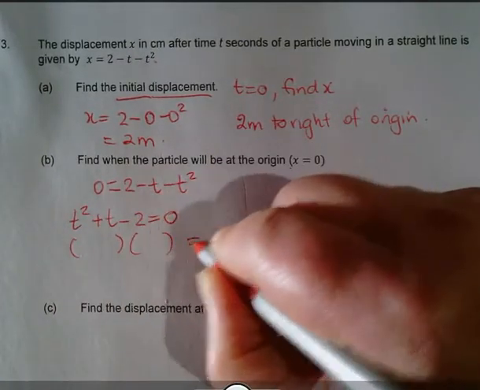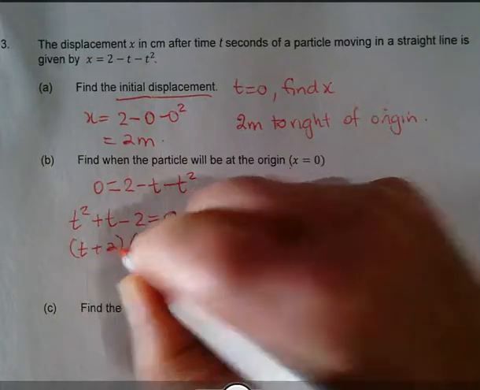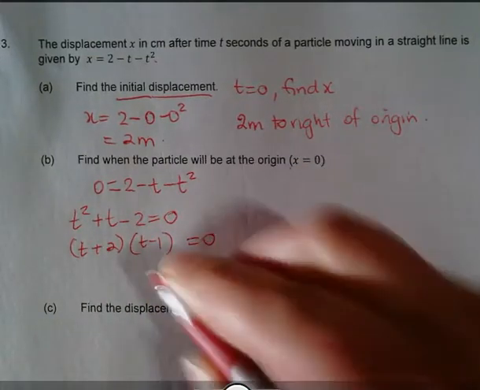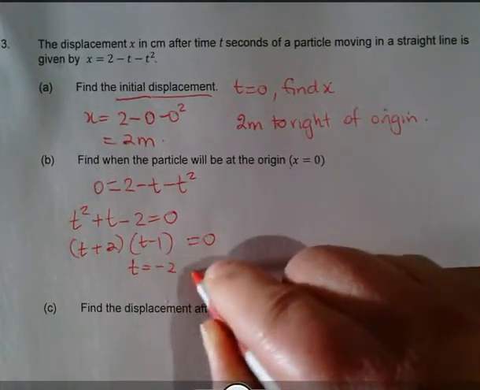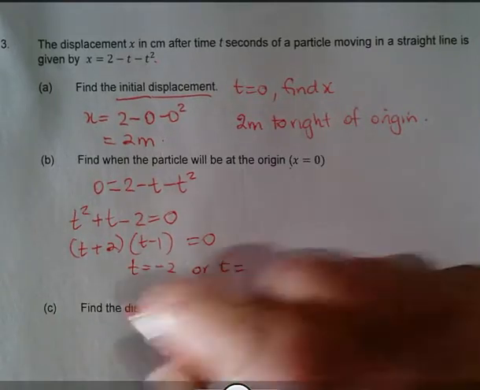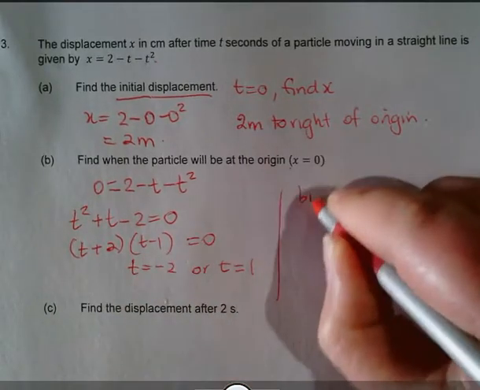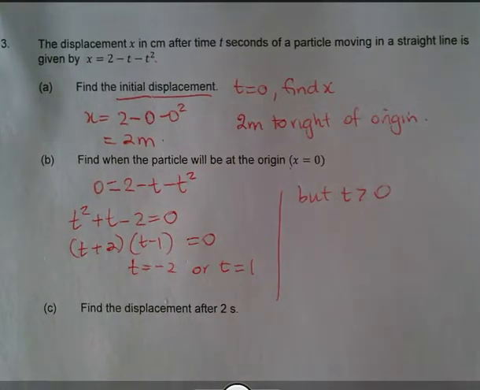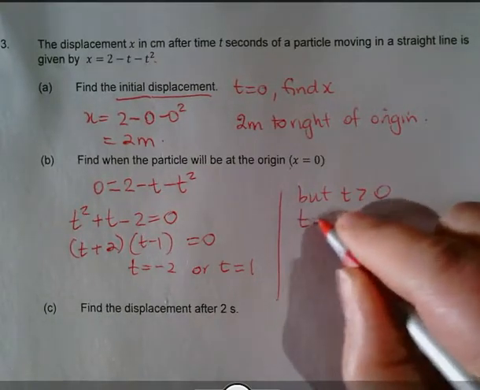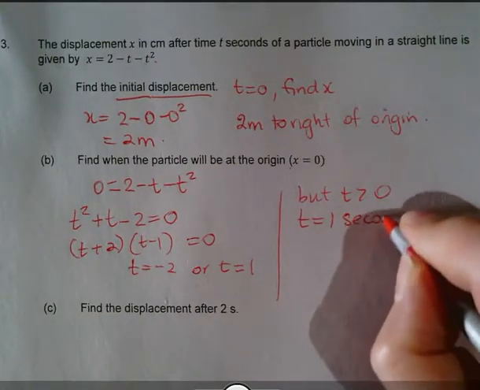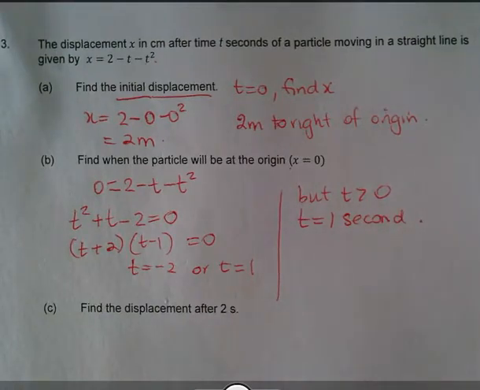I factorize that, and I get t plus 2, t minus 1 is 0. Solving that, I get t is -2 or t is 1. But time has to be greater than 0. You can't have negative time. So therefore t is 1 second.